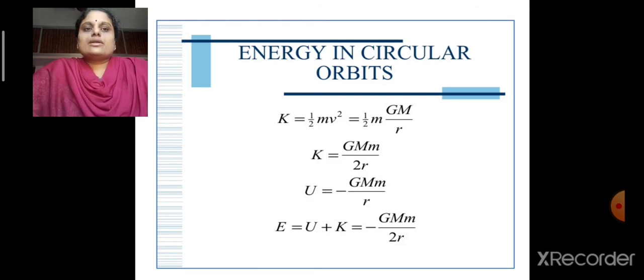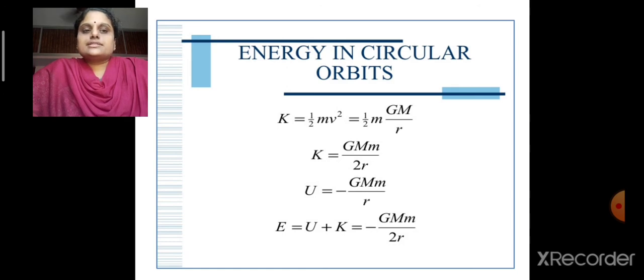Now let us calculate the total energy of a satellite in circular orbit. We know kinetic energy K equals half m v square. Substituting for orbital velocity, we get kinetic energy equals half m into GM divided by R, or kinetic energy equals GMm by 2R.